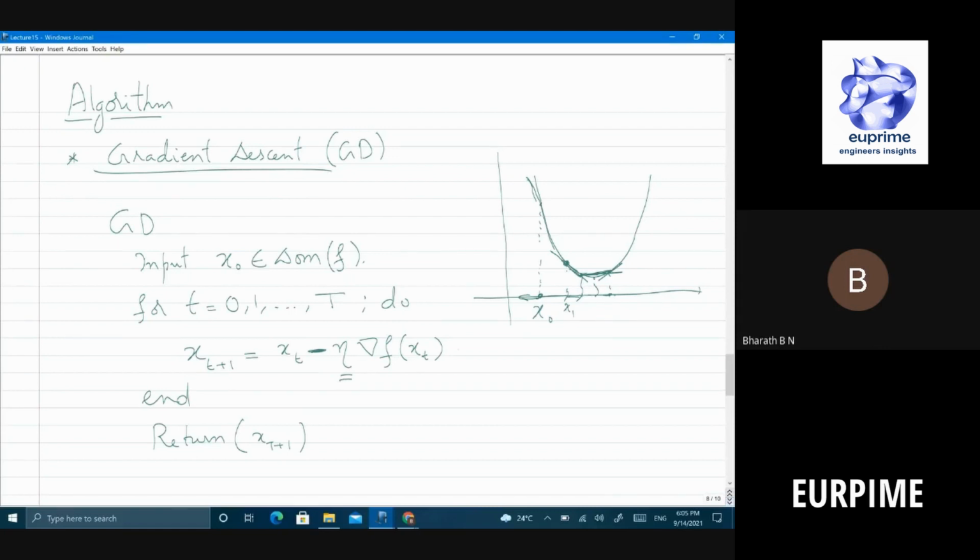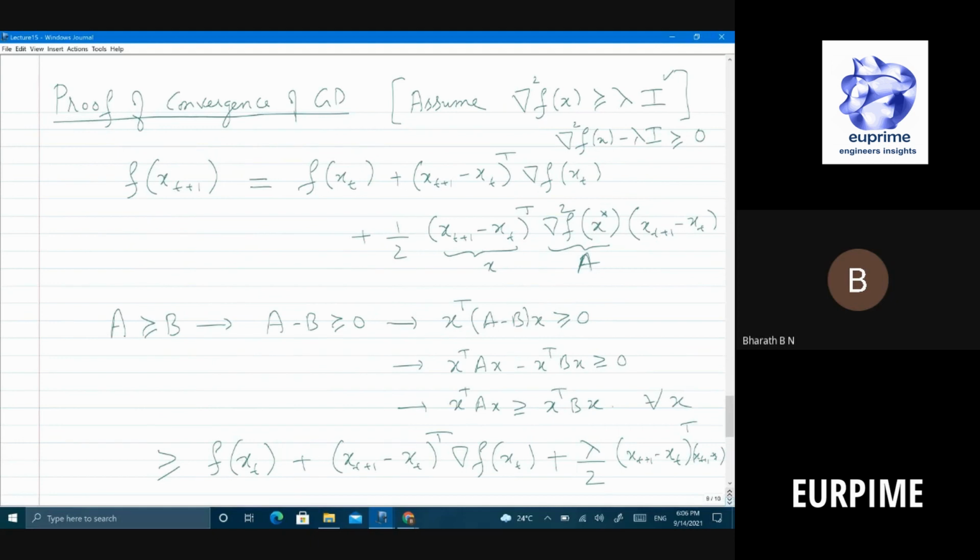The way you update x_{t+1} is through this equation. Let me call this GD. Whenever I say GD, this is the equation that I'm going to refer to. Finally you do it for capital T rounds and return x_{T+1}.